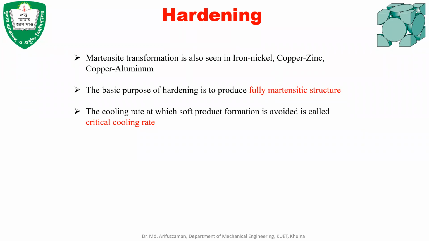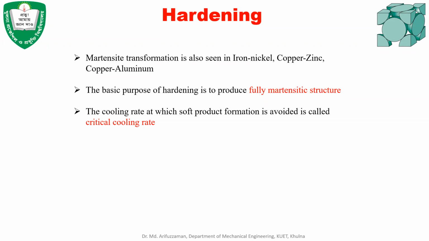For example, if you heat the steel above the upper critical temperature and then keep it at room temperature, you will not be able to obtain 100% martensite. But if you cool it in brine or in ice, then you will obtain the fully hardened structure. So the cooling rate is very critical in the formation of martensitic structure or hardened steel.